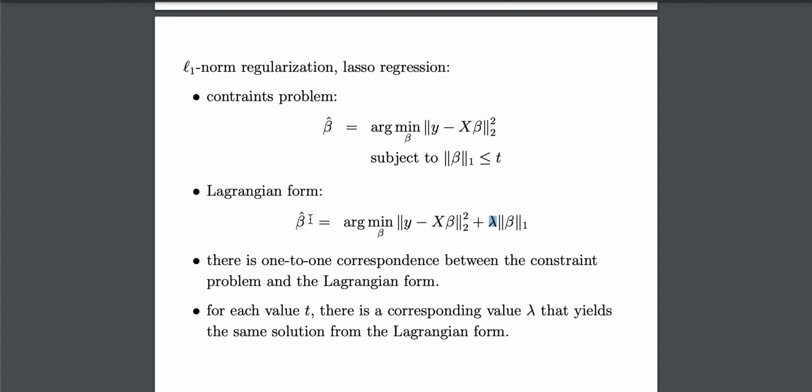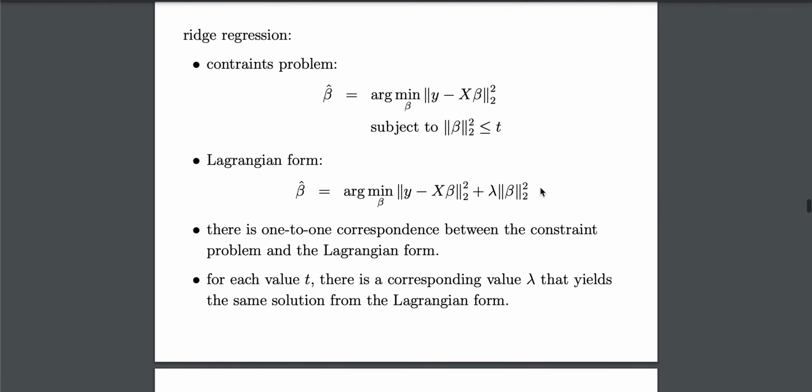That's what I mean by interpretation. So the values of the coefficients of beta hat allow us to make some interpretation, but the value of lambda is not as such. And the same applies for ridge regression.